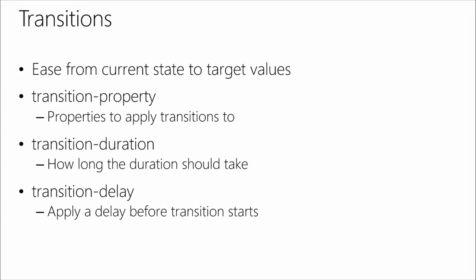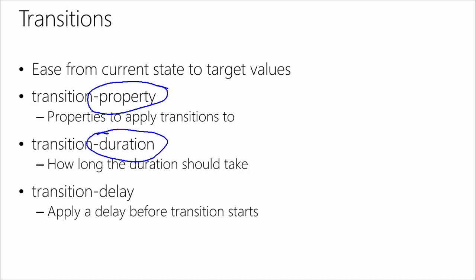So let's talk about how to add in a transition. Well, what you're going to notice is that if I want to add on that bit of animation, all that I really need to do is just simply say, hey, I want to add a transition to that property, and I want it to take that long. That's it.